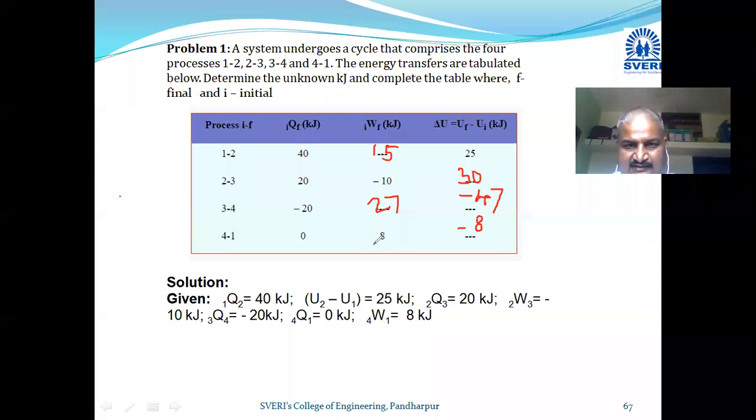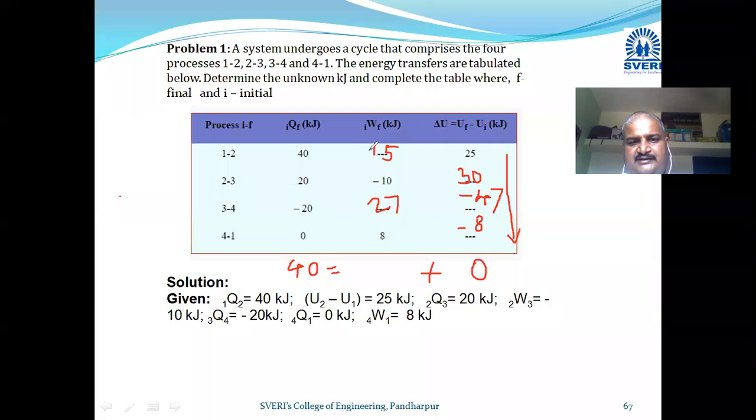Okay. Now you just check it out. The total sum of your delta U must be equal to 0. Then this is 40 plus 20 minus 20 is equal to 40. You just check whether whatever we have solved is correct or not.